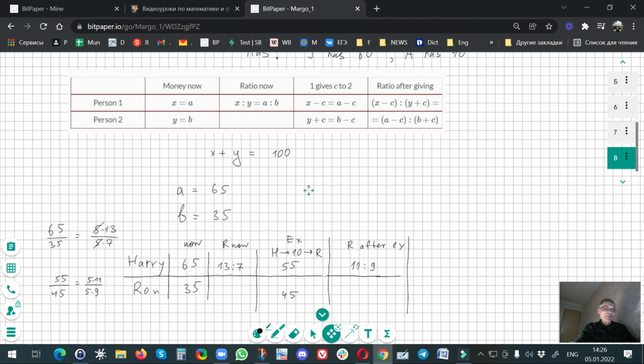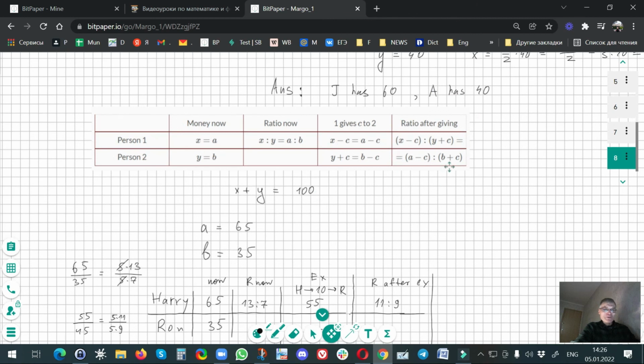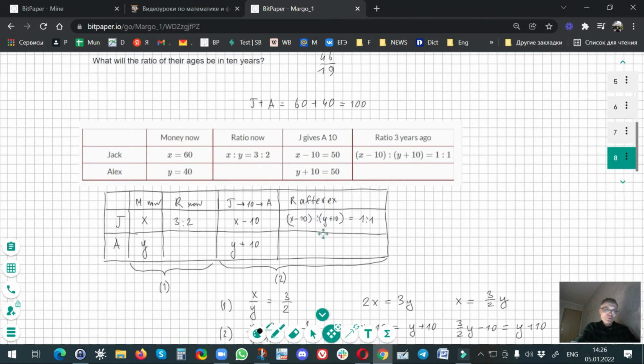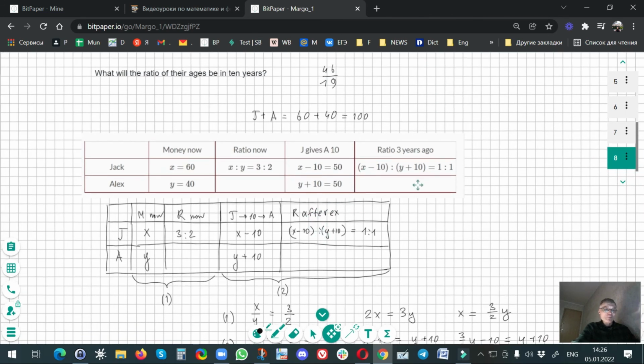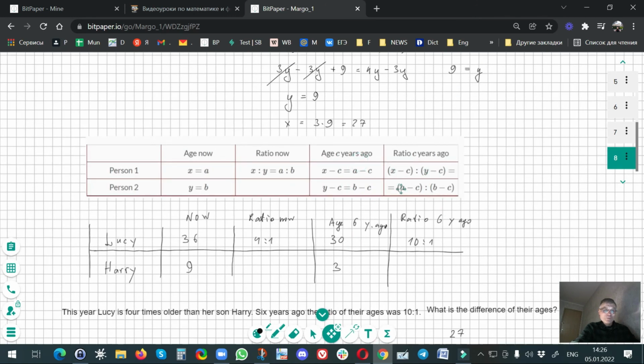Something nice is happening. So, anyway, you can redistribute whatever you want. But in the case of redistribution, you have a minus and a plus. Whereas in the first type of problem, with time, you always had minus minus or plus plus if you go forward in time.